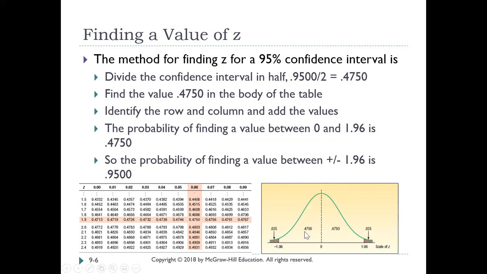So we're going to get 0.475 on either side. And we're going to find the Z value that gives us 0.475. When we do this, we're going to get 1.96. So now our Z value is going to be 1.96 times the standard error. So that's going to be plus that value and minus that value off of our point estimate.